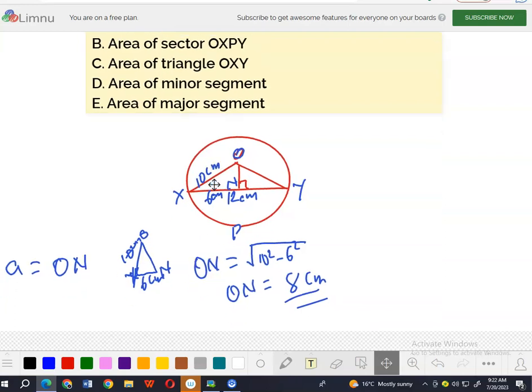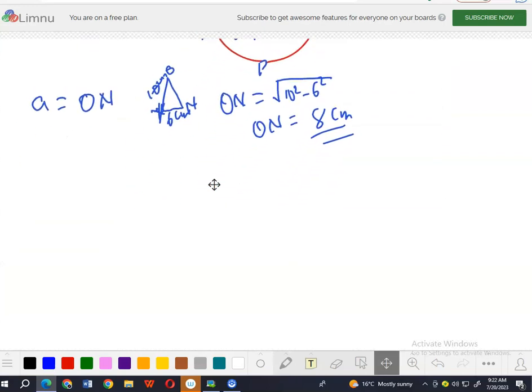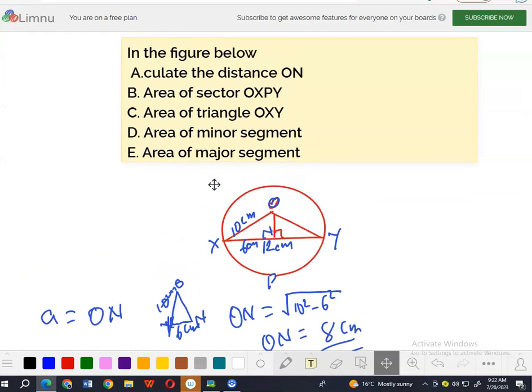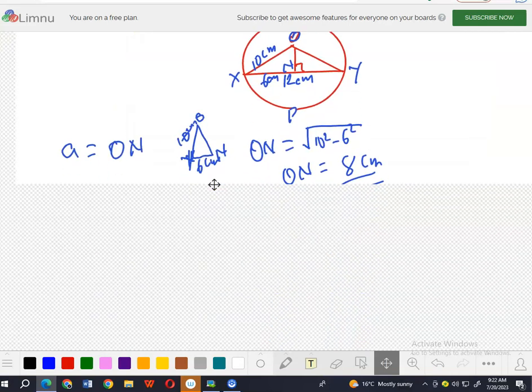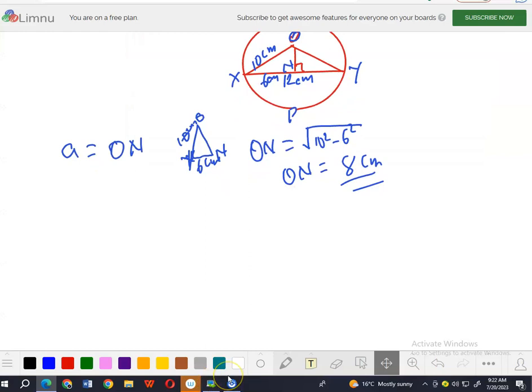So now, option B. B is asking us to calculate the area of sector OXPY. To get the sector, we need to get the angle at the center first in order for us to find the area of OXPY.